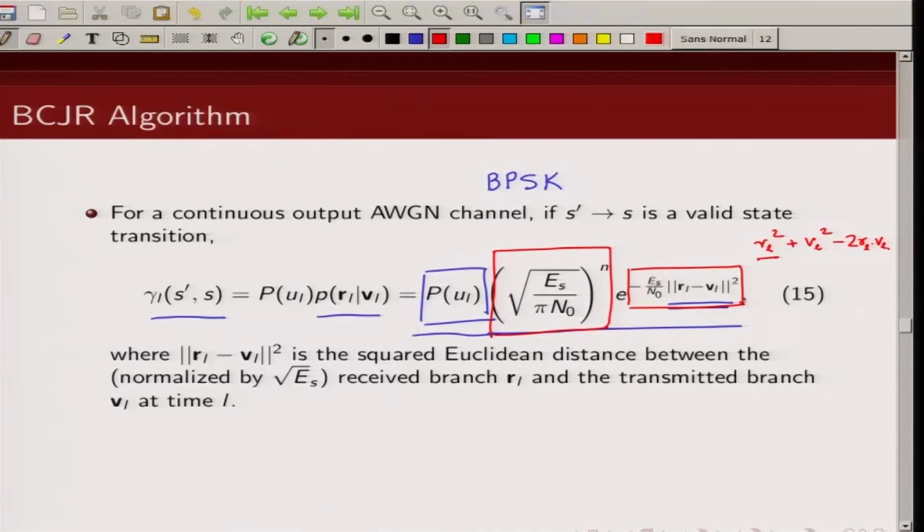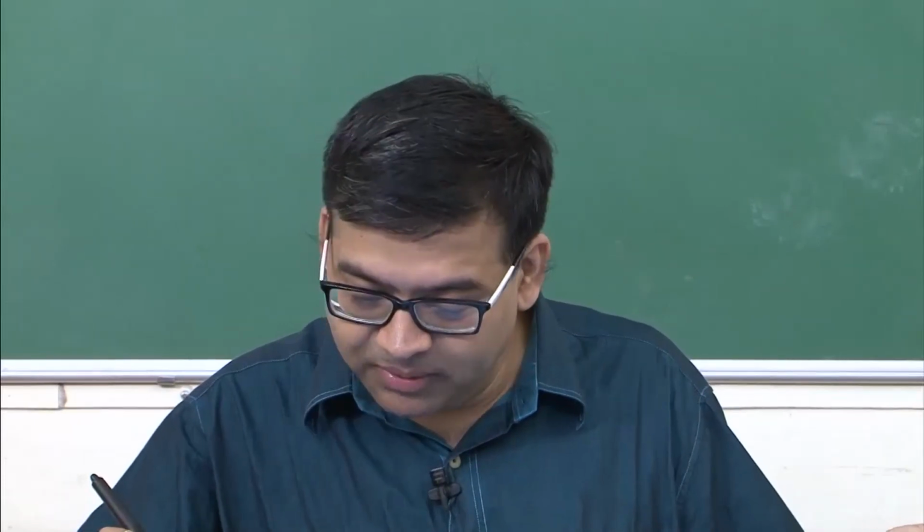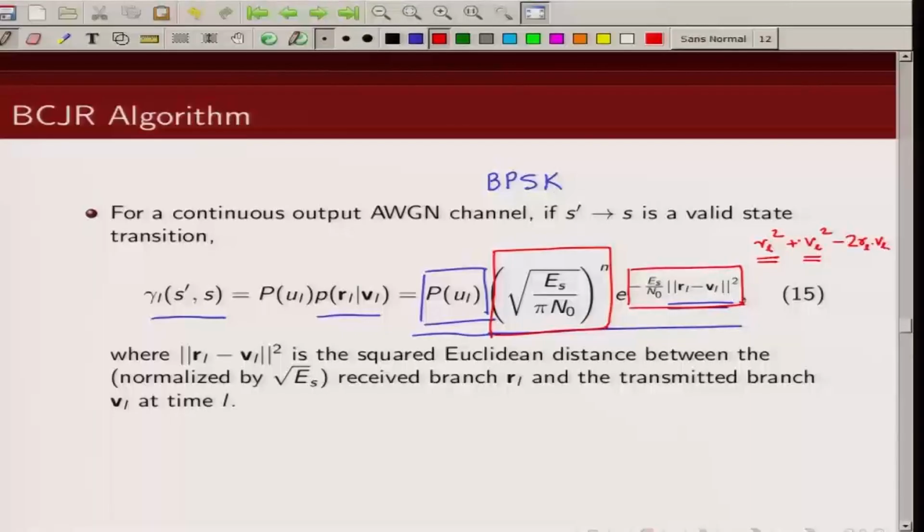So, this R L square term does not depend on what my V L is, and since we are considering a BPSK modulated signal, whether U of L is -1 or +1, V L square will basically be the same, this will be just 1. So, the only term that is changing with choice of V L is this particular term. So, we can simplify our gamma L like this.